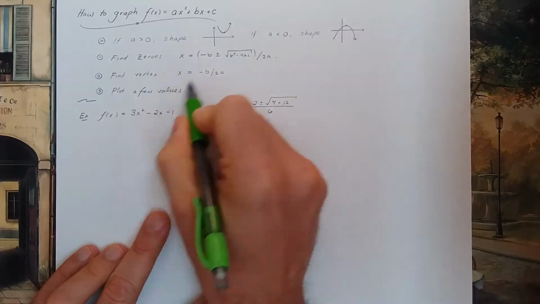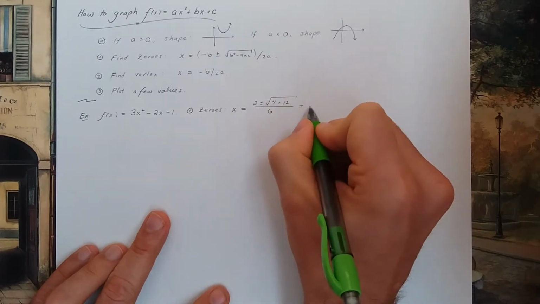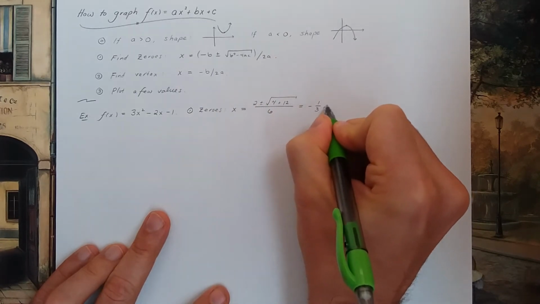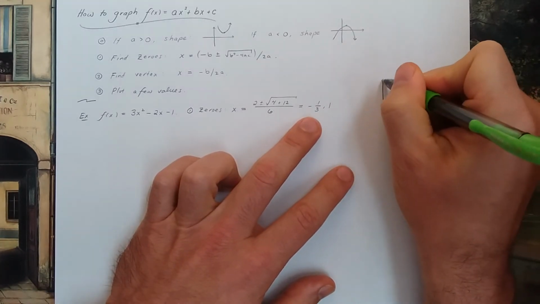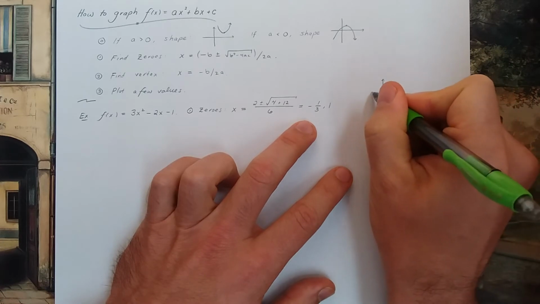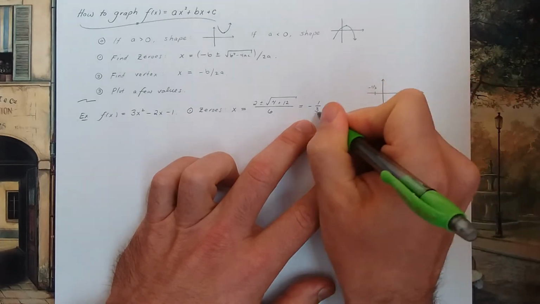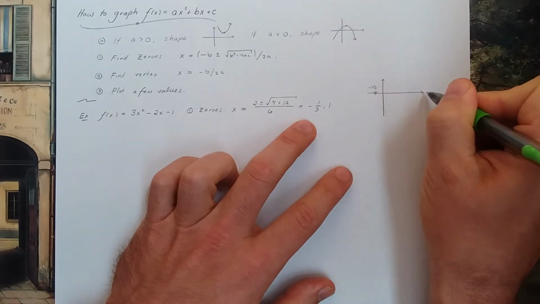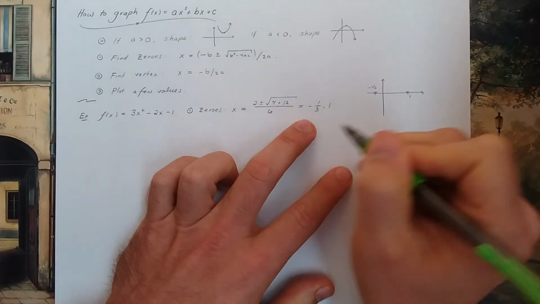So if you simplify this a little bit, I believe you get negative 1/3 and 1. So I'm going to come over here and start drawing my parabola. I know it's upward facing, and I know if I plug in negative 1/3, I get 0. And if I plug in 1, I also get 0.